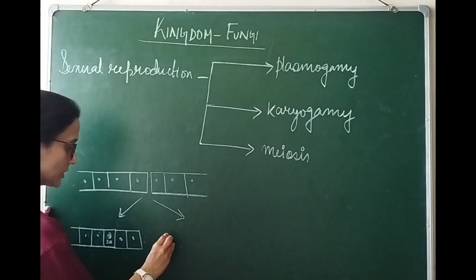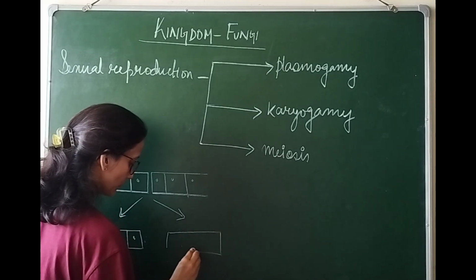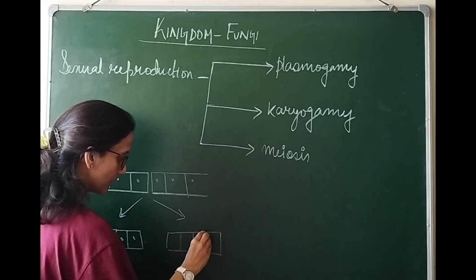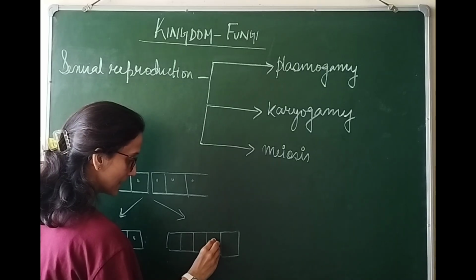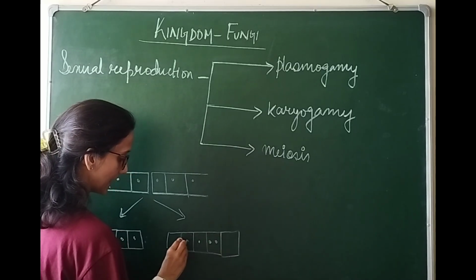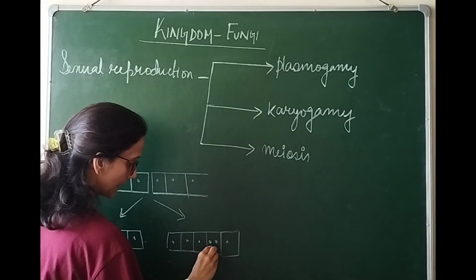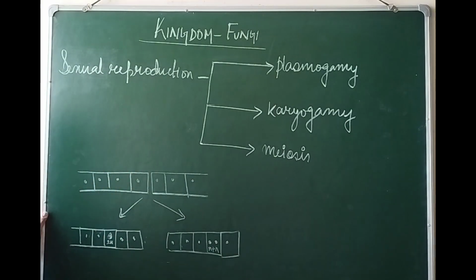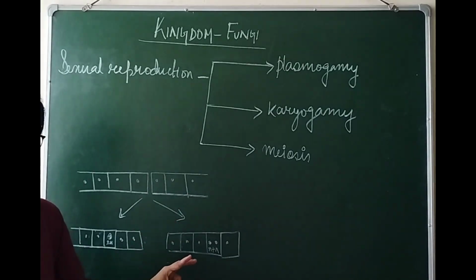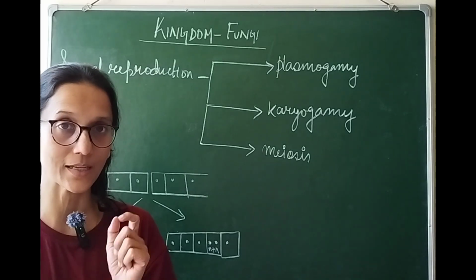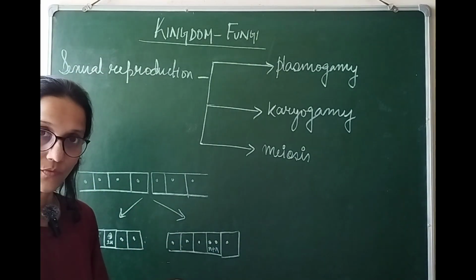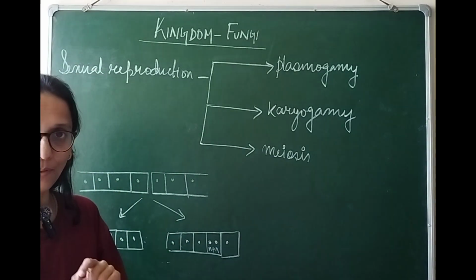The other condition is where they will fuse, but the nuclei will not fuse or will not stay in 2N condition, but in N plus N condition. This is N plus N condition. Such a condition where the nuclei do not fuse to form a 2N or diploid nucleus, instead they remain together within the same boundary as N plus N.